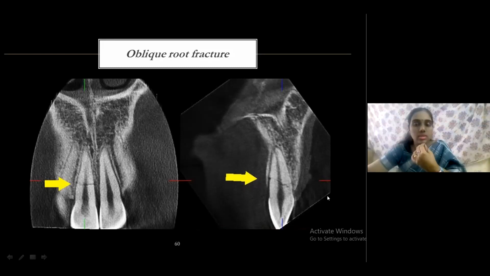But when you see a sagittal section, you're able to make out the extent of the fracture, how palatally it is going, whether it is oblique or horizontal. So with all the images put together, even when you have a CBCT, don't decide with only one single image, or only with the axial or the coronal section. Go through all the sections and then come to a decision.